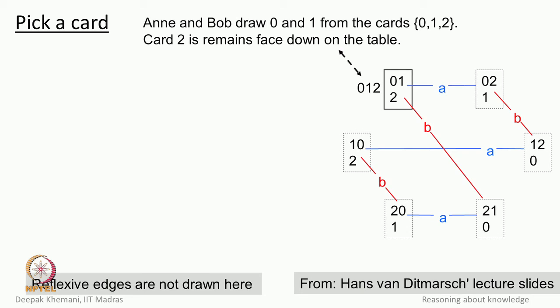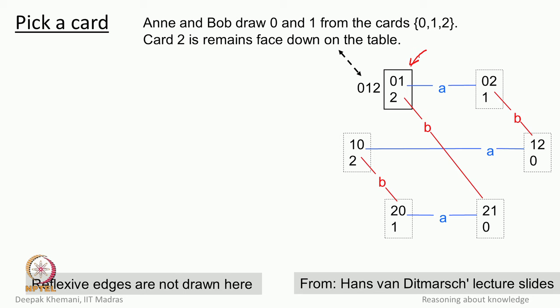Here is a situation. In this case there are these 3 cards 0, 1 and 2, and Annie picks card 0 and Bob picks card 1 and card 2 is on the table, which is depicted in this situation here, which is in the box.